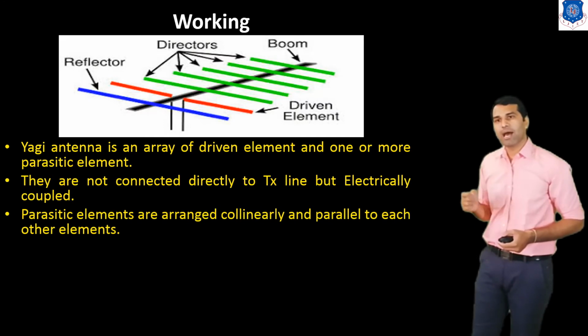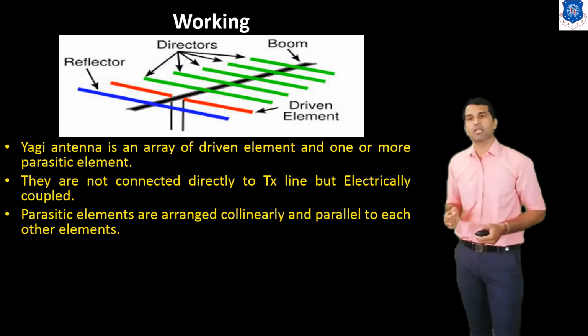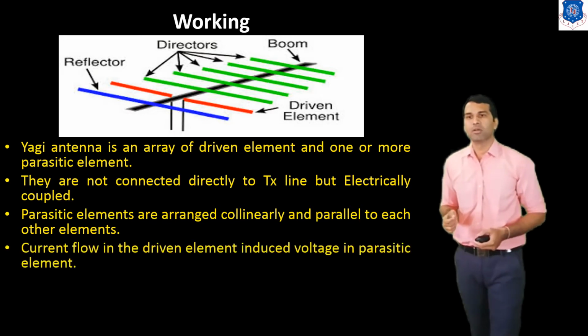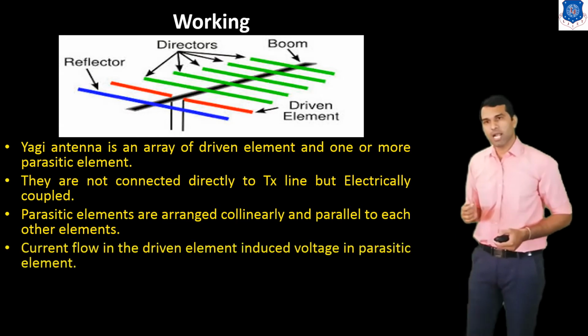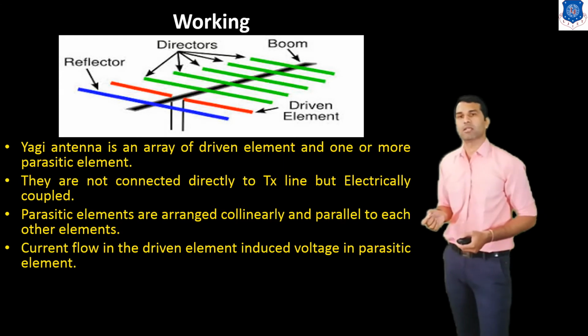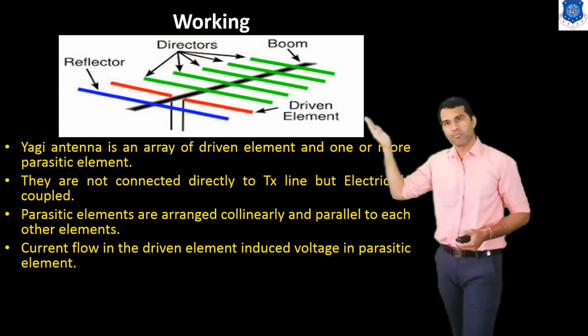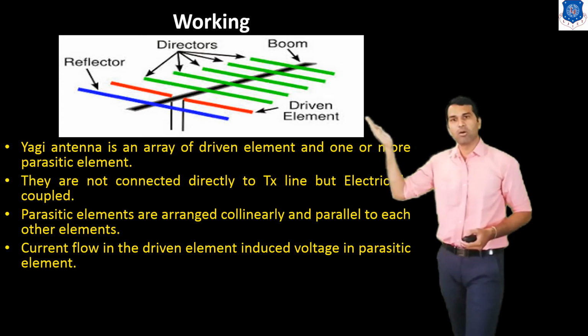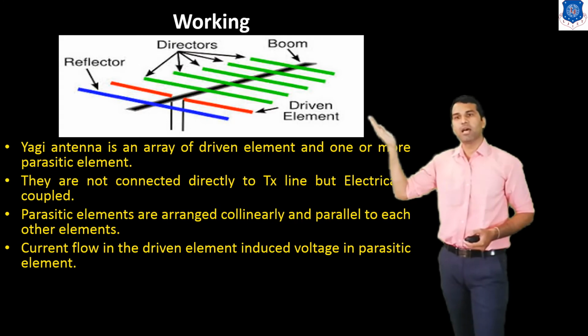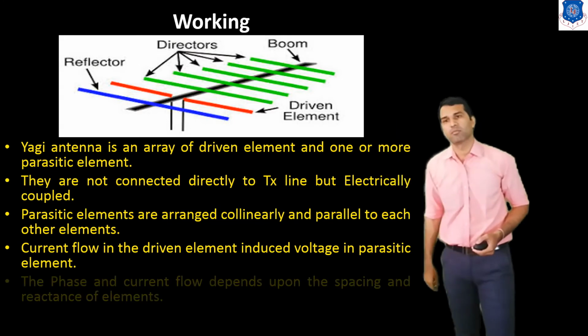Parasitic elements are arranged collinearly and parallel to each other. Current flow in the driven element induces voltage in the parasitic elements. That means the current flowing in the driven element induces a current or voltage in the director and the reflector elements.